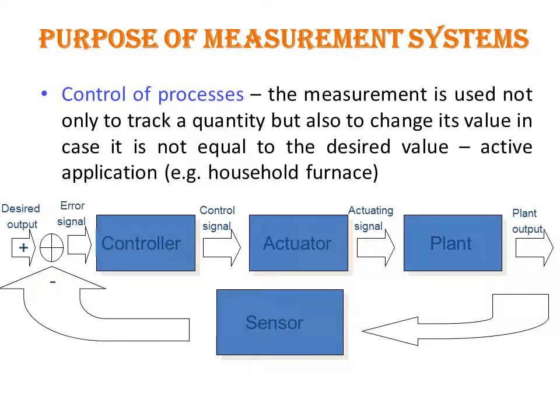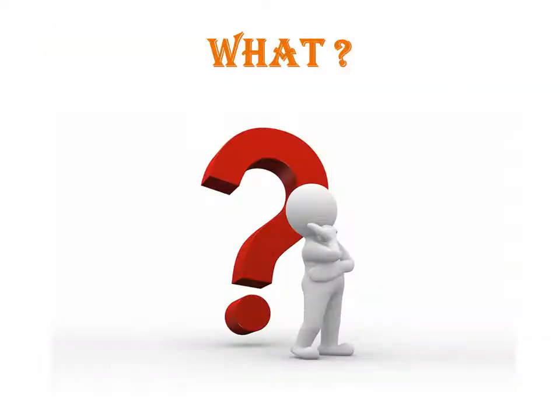From the sensor, the output is taken and it is compared with the desired output. In case if there is any deviation from the desired output, that deviation is fed as input to your controller, where the control signal is correspondingly generated and it is given to the actuator and it is given to the plant, so that the output of the plant is same as that of the desired output.